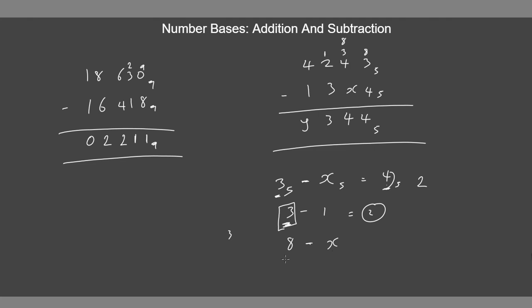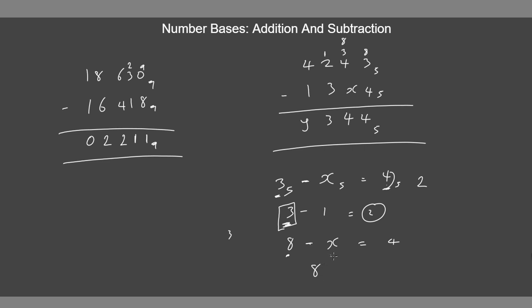So in this case, instead of 3, we must have borrowed 1, which must have been 5. Then that would have given us 8. So 8 minus x equals 4. That is what you should be working with here. And from this simple equation, we can easily tell that x is 4.